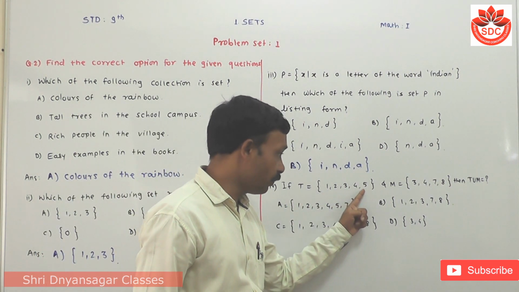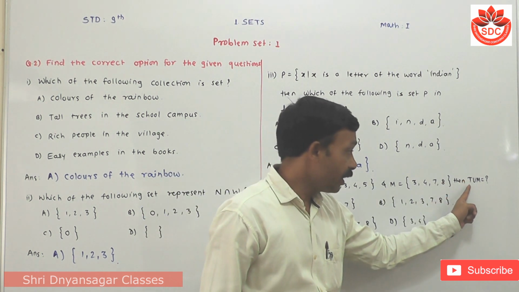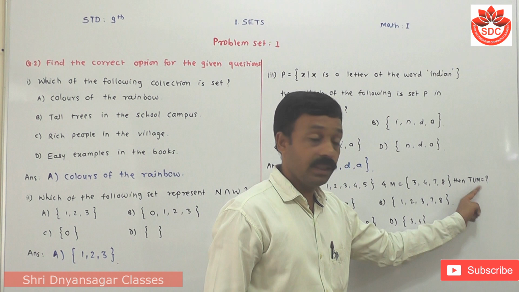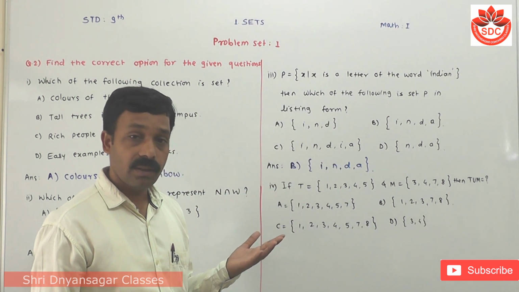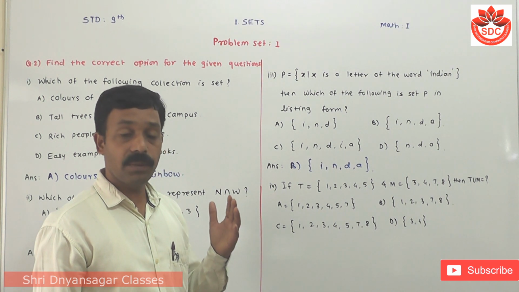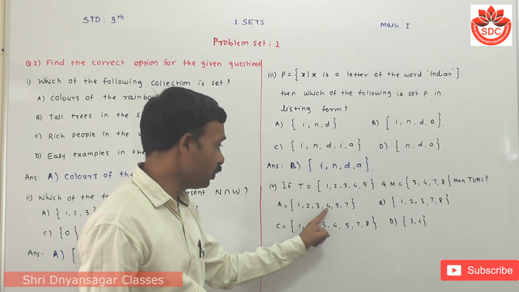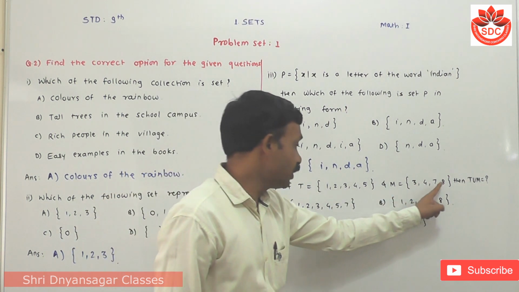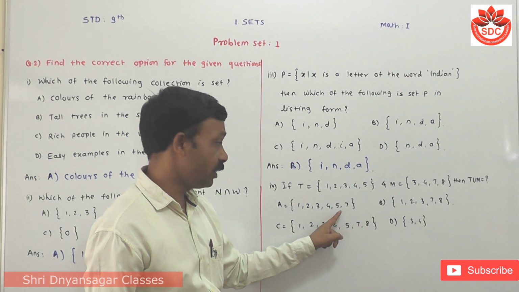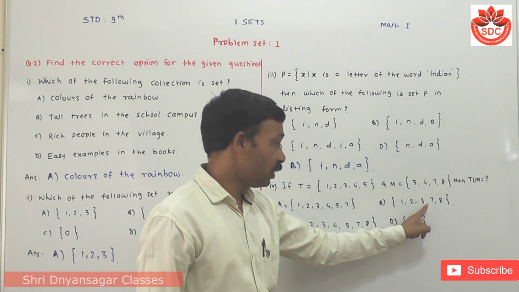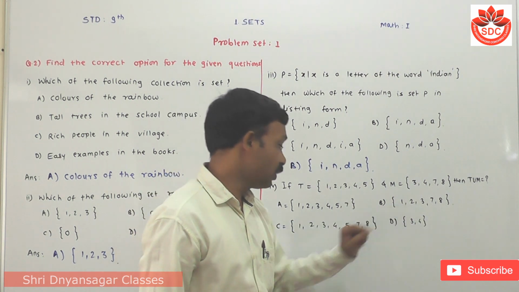If T is 1, 2, 3, 4, 5 and M is 3, 4, 7, 8, then we take its union, T union M. This means you have to write all elements in curly brackets, separated by commas, and repetition is not allowed. So 1, 2, 3, 4, 5 is present, and then 7 and 8. Here is 7, but 8 is not present, so this is not the answer. 1, 2, 3, 7, 8: here 4 is not present, so this is not the answer.